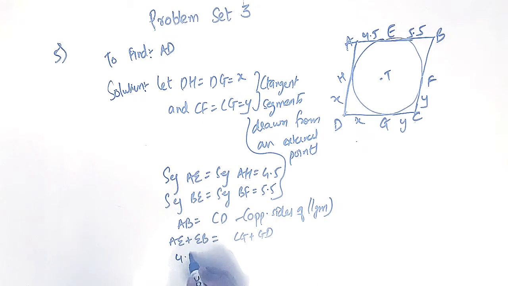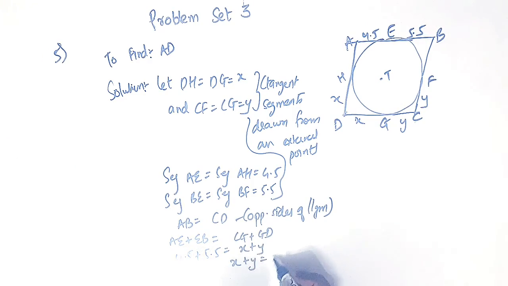So this is simple. 4.5 plus 5.5 is equal to x plus y. So I am getting one equation here. x plus y is equal to, what is the total here? 4 plus 6, I can write 10. This is the first equation I got.